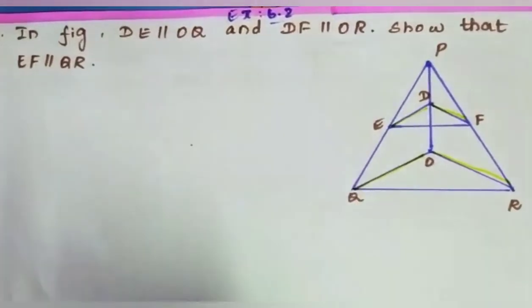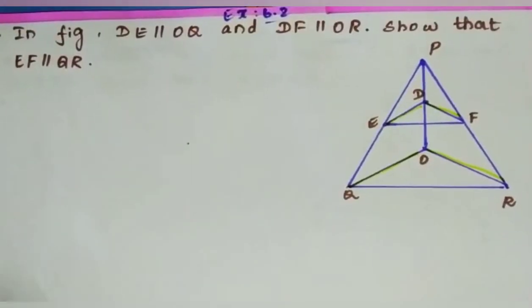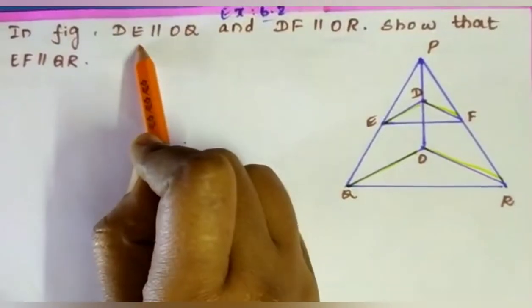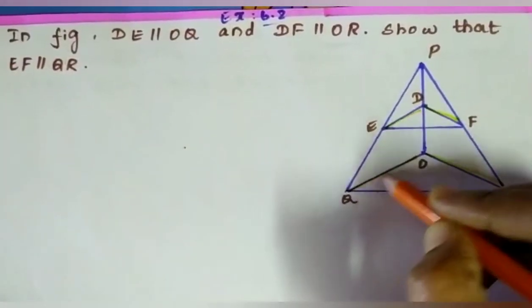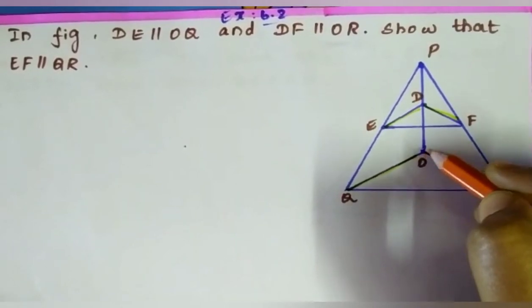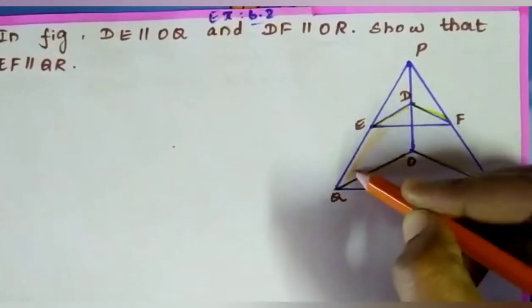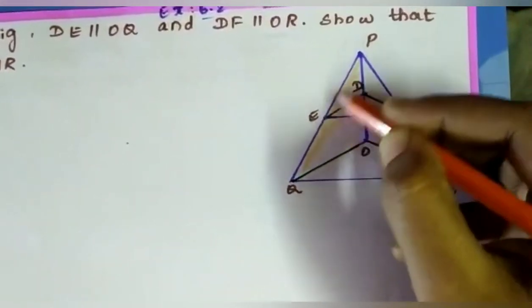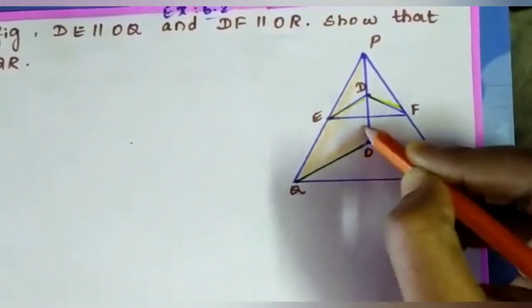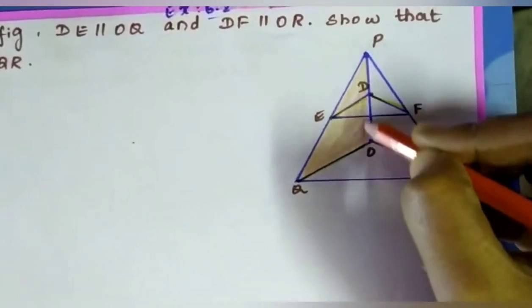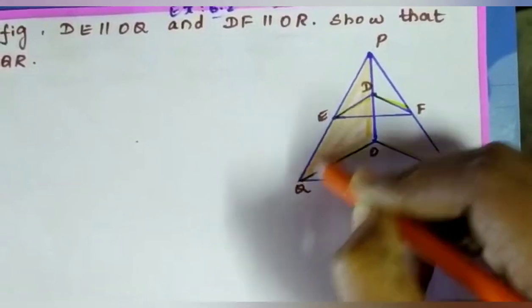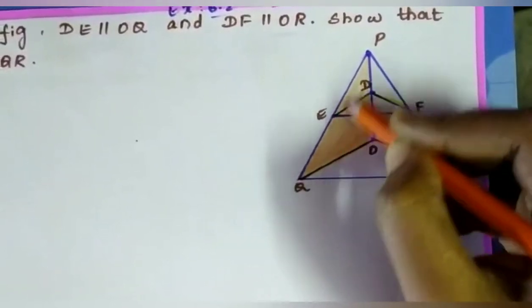Okay. So the first given is DE parallel to OQ. Which triangle do you have to take? This triangle, POQ. This is the first triangle.